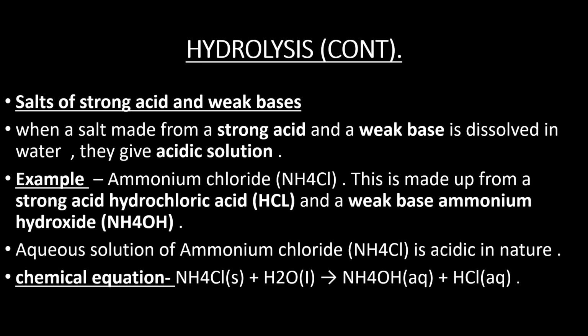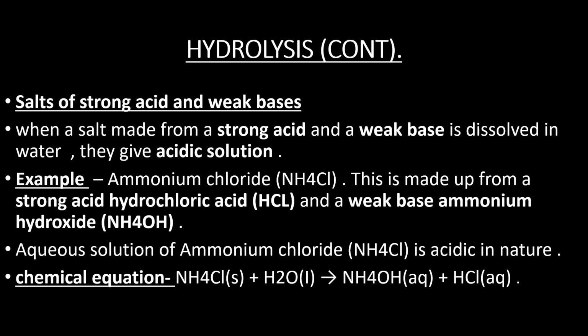Now we will take another example. If a salt is made up of a strong acid and a weak base, it means we take a strong acid and a weak base, both combine to form a salt. In that case, they give the acidic solution. Example, ammonium chloride.